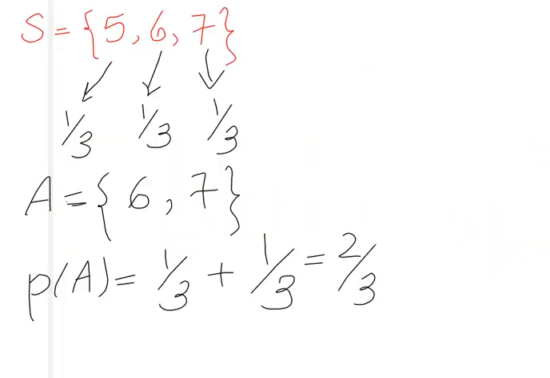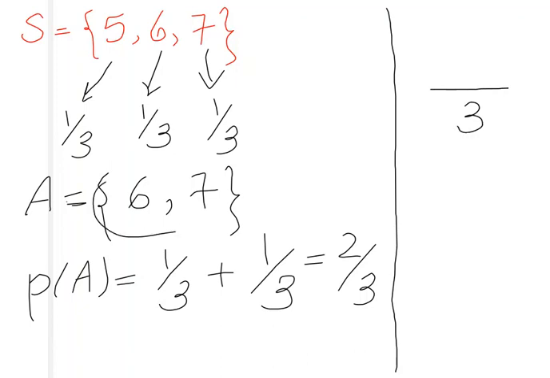So here, for example, if we want to solve this from this new approach, the number of simple events in S is 3 and the number of simple events in A is 2.